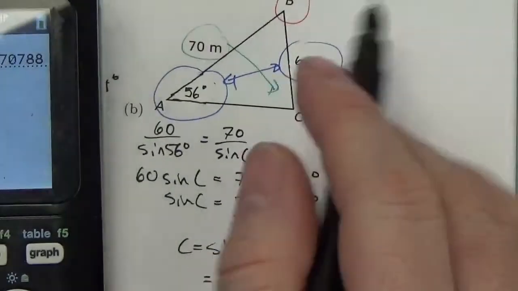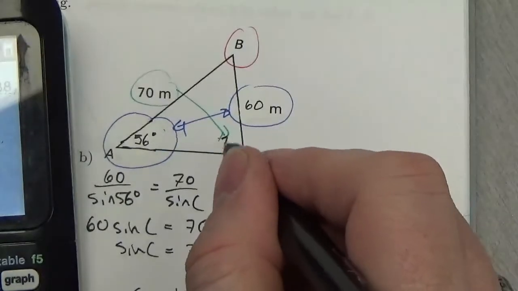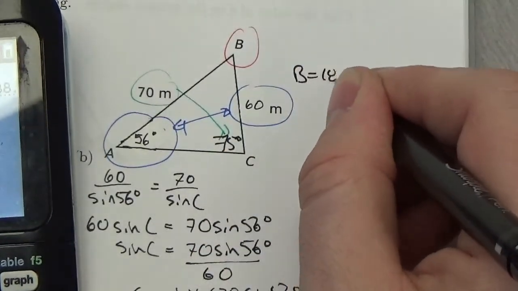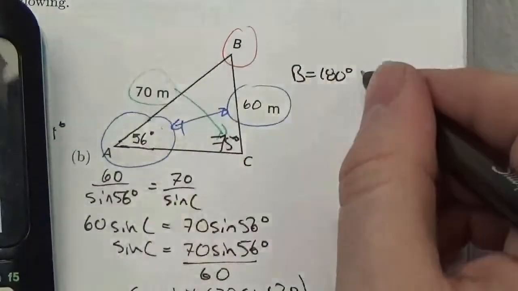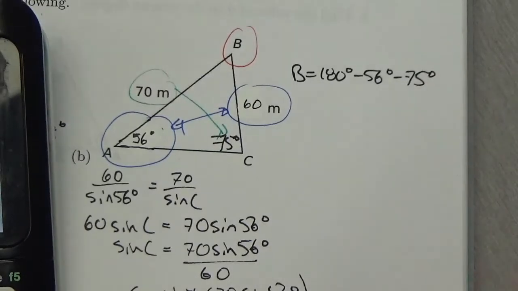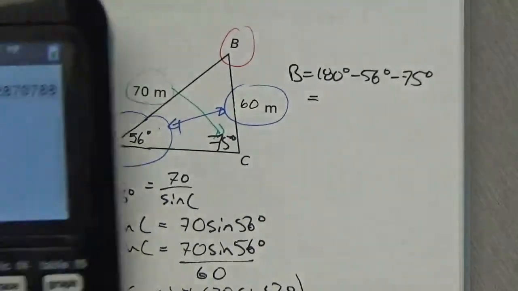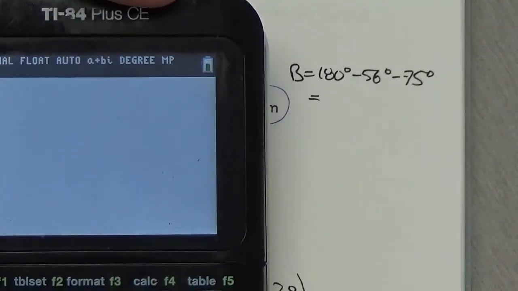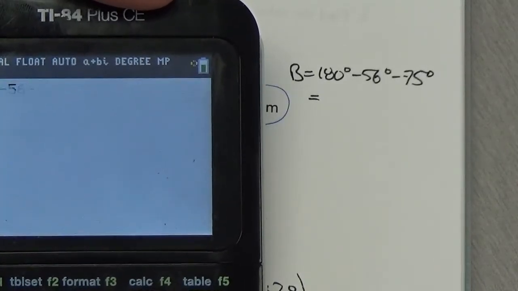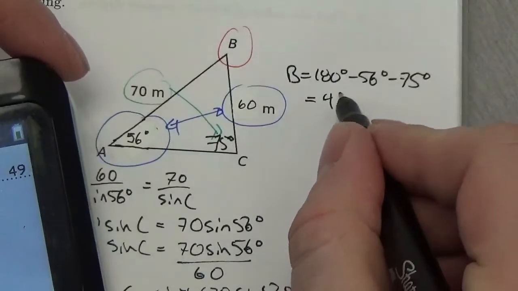Now let's take a look at B. So I know that this is 75 degrees. So B is going to equal 180, the sum of all the angles, minus the angle that I was given, minus the angle that I just figured out. Okay, so 180 minus 56 minus 75, and I get 49 degrees.